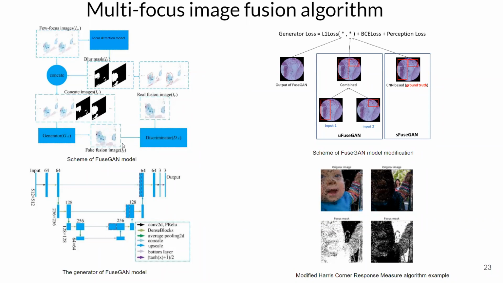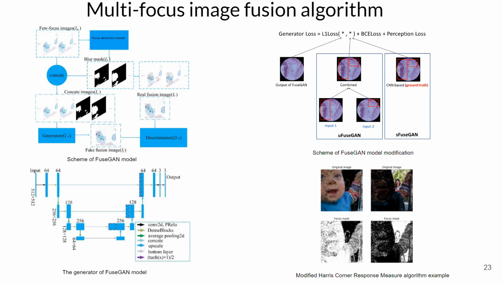And then the discriminator of our model receives the generator output and compares it with the ground truth fused image. The generator was a UNet-like model that we modified a bit, and the discriminator we took from the PatchGAN model. Igor?